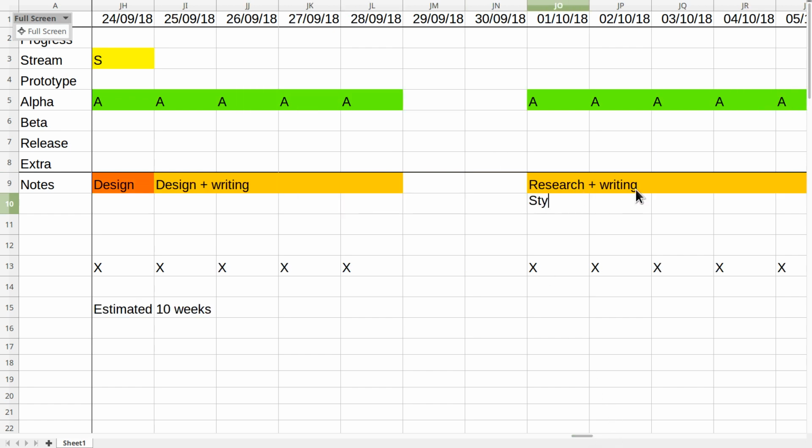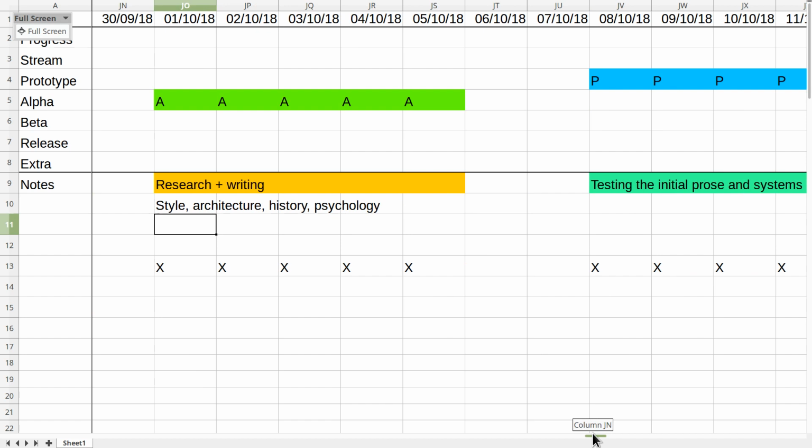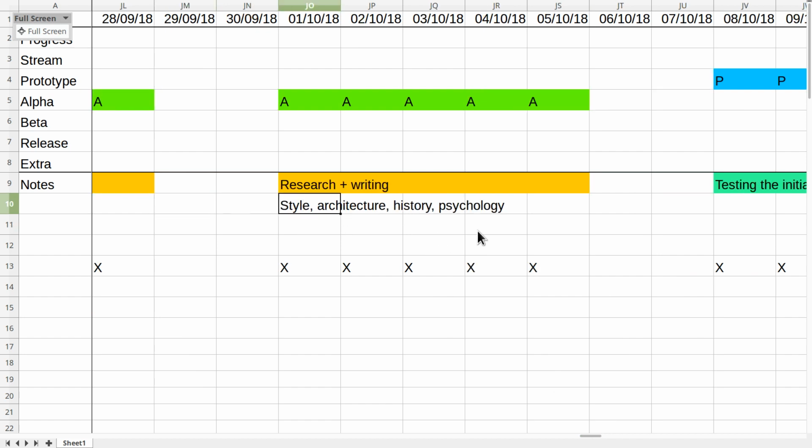Research of style and architecture, why not? History. Because I need to make up stuff. I need to base it on something. Oh, and of course the most important, etc.